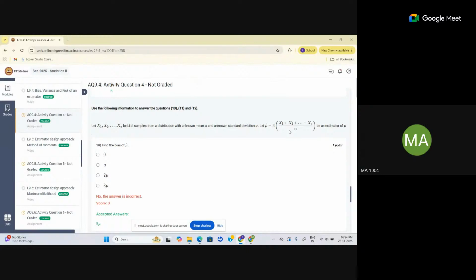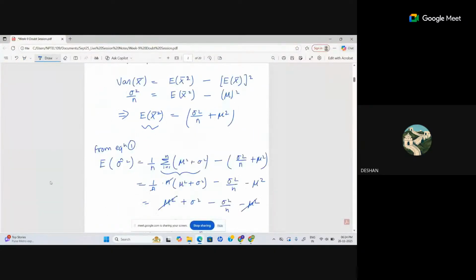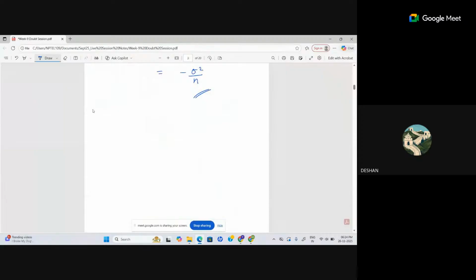Can we write it? Mu hat is equal to 3 times x1 plus x2 up to xn divided by n.